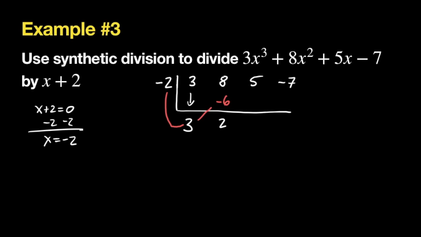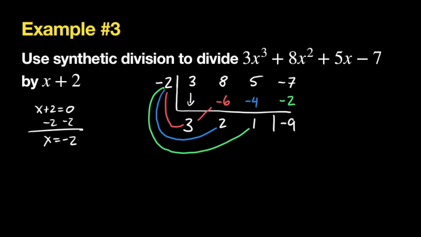And now I'm going to multiply -2 times 2. That will give me -4. 5 minus 4 gives me 1. Then we're going to do -2 times 1, and that gives me -2. And -7 minus 2 gives me -9.